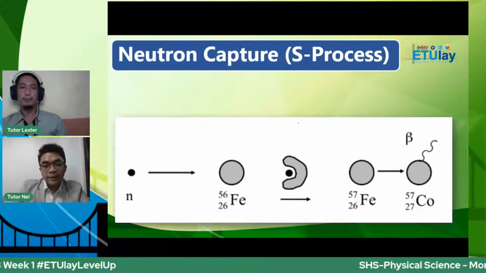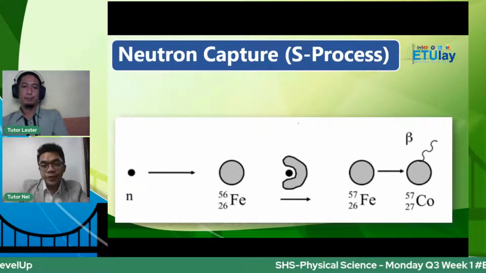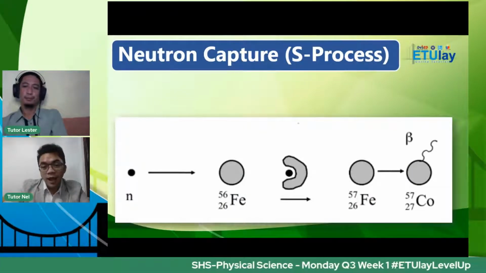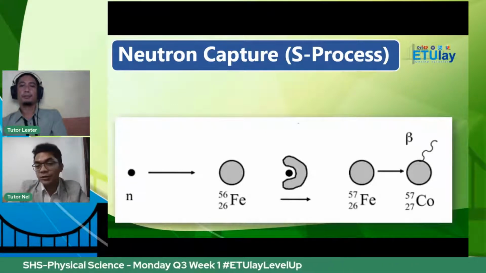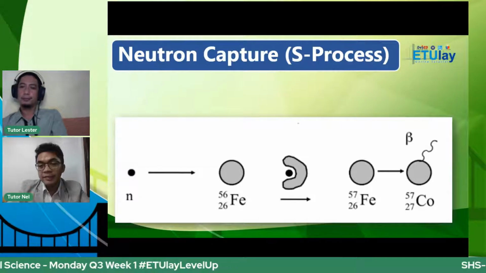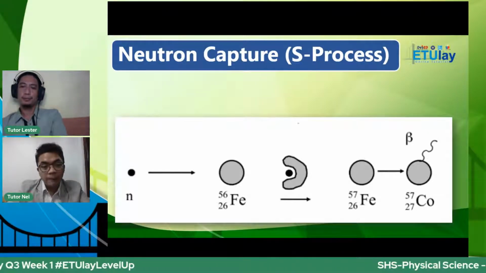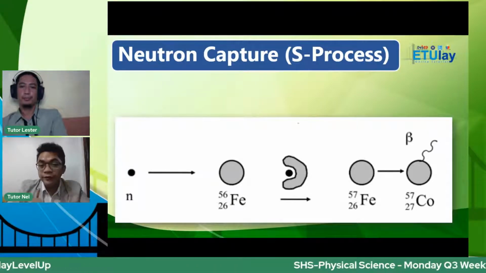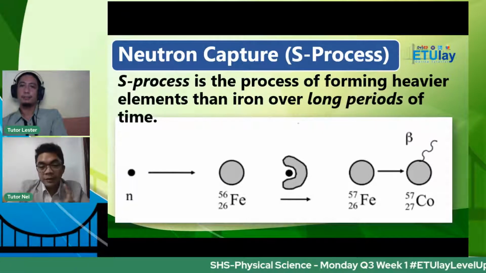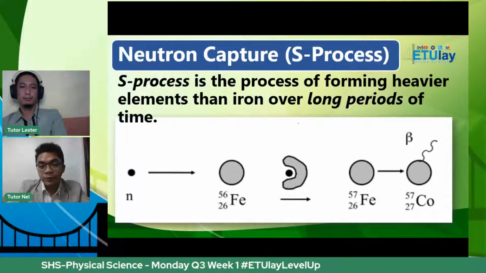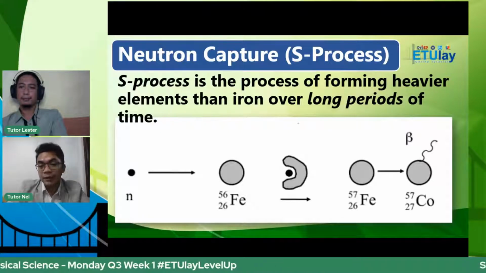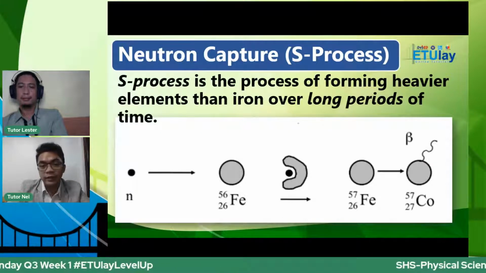Yan. Hindi lamang bakal o iron ang nabubuo sa mga bituin. Ang mga elementong mas mabibigat pa sa iron ay nabubuo sa core ng mga stars sa pamamagitan ng neutron capture. Maaaring ito ay slow or rapid capture. Kapag slow capture, ang prosesong ito ay napakatagal na panahon dahil isa-isang neutron lamang ang sumasanib sa mga iron nuclei.